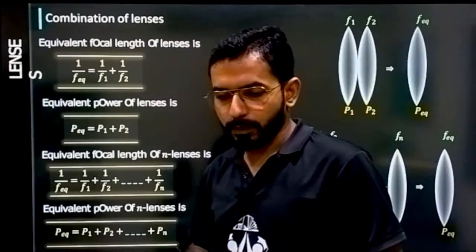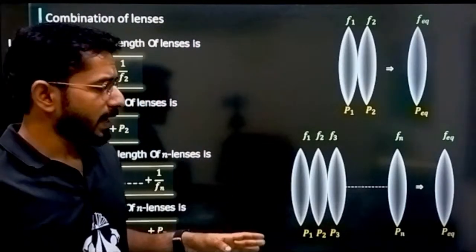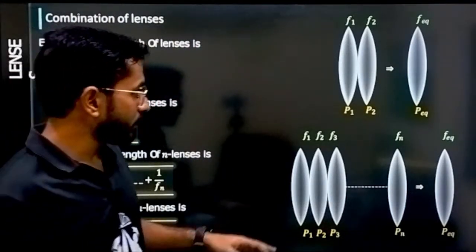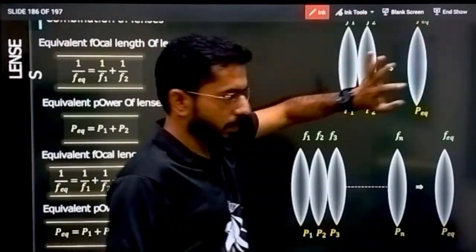Now, combination of lenses. Let's suppose 2-3 things are combined at a single place. What do you have to do? Simple. If 2-3 lenses are combined, there is no need to worry. It is also a simple question.